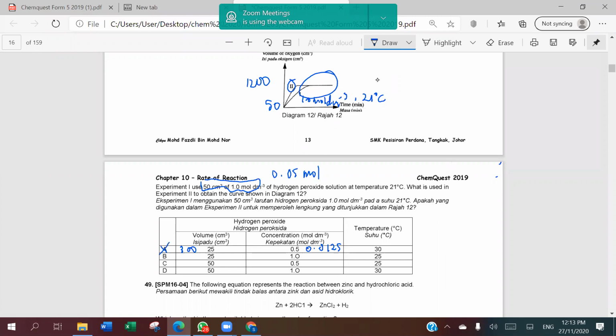Now do B for me. Do B for teacher. 25 times 1 divided by 1000 times 24,000. 600. Is it reaching 1000 too? No. Try the next one. 50 times 0.5 divided by 1000 times 24,000.